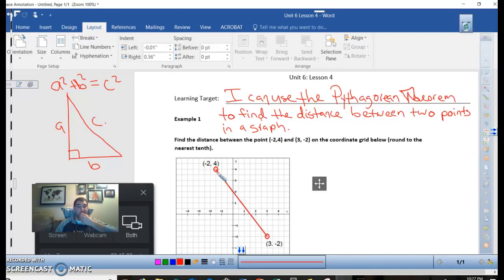Whenever we have 2 points in a graph, we can always find that distance.